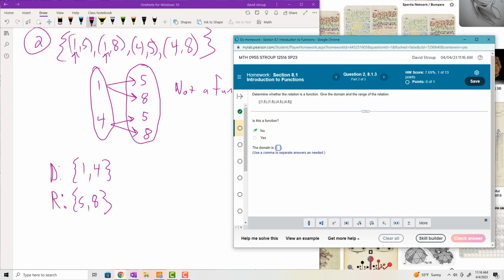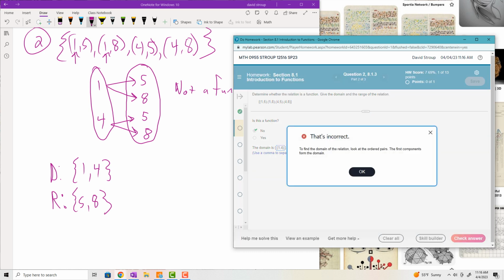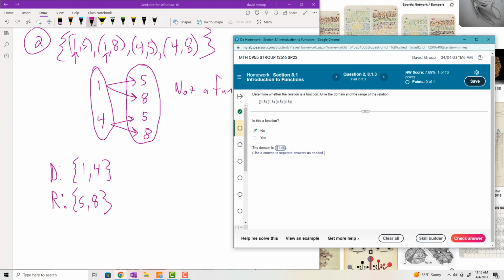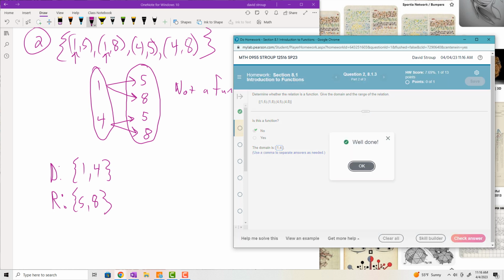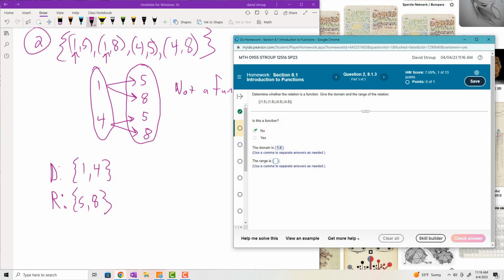Just write 5, 8. And if you put in an extra set of brackets like I just did, you're going to get it wrong. They already have the brackets drawn in there for you. I apologize. So there's the domain, and then the range is going to be 5, 8.